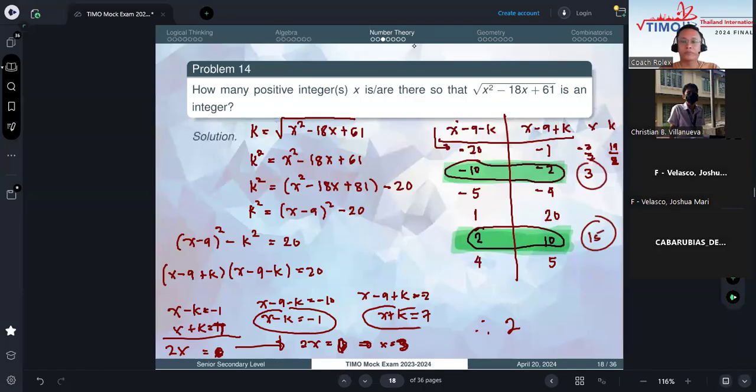What I put is positive 2 for x minus 9 plus k, so that is why it became 5. But if it is negative 2, the answer is x is equal to 3.